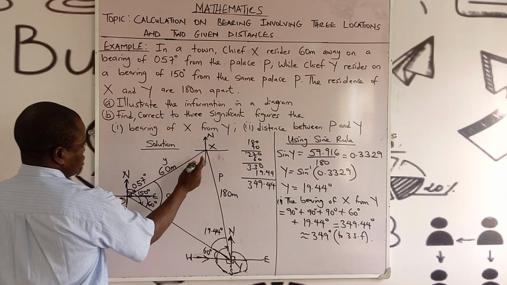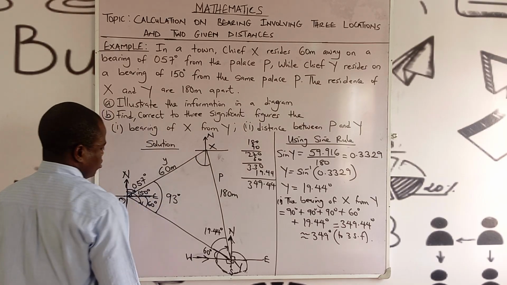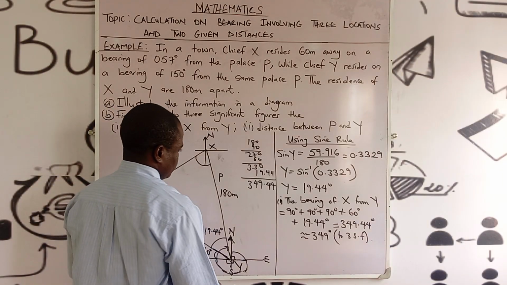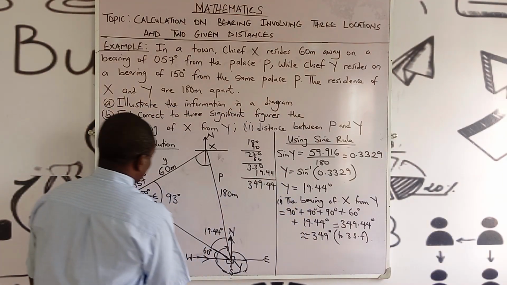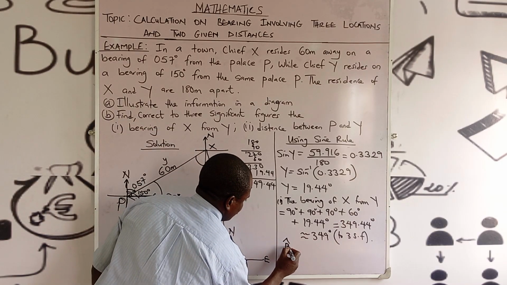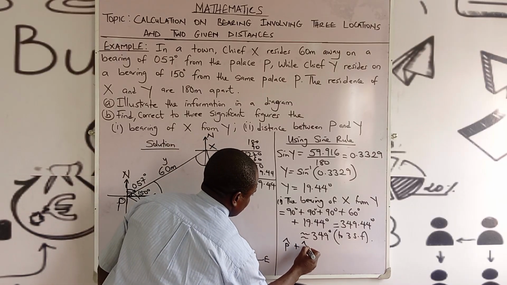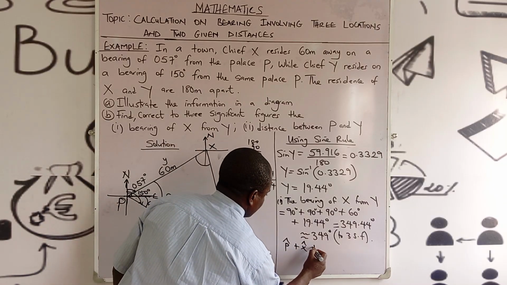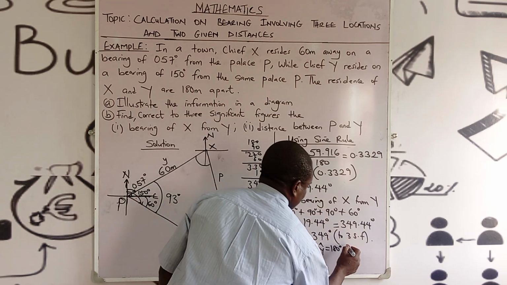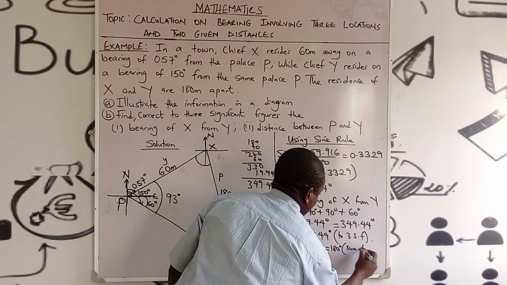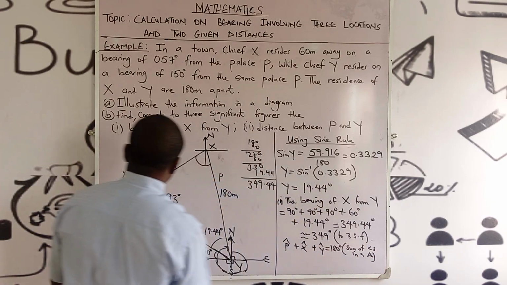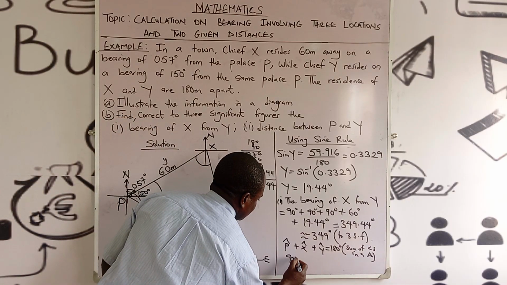Now let's find angle x. We can use the sum of angles in a triangle. That's angle P plus angle x plus angle y equals 180 degrees. What's angle P? That's 93 degrees.